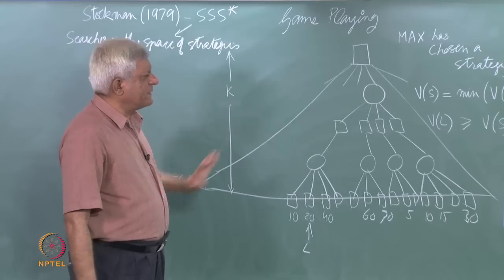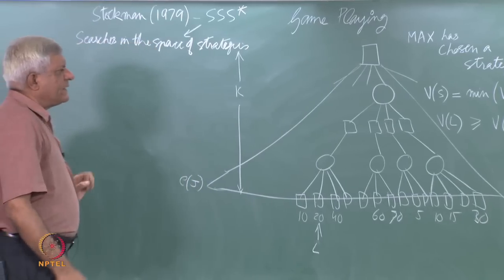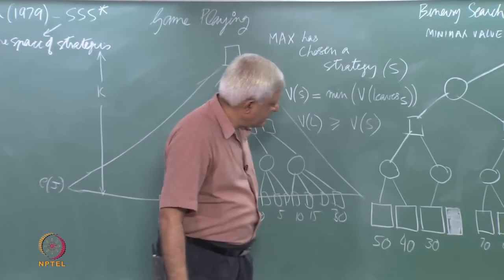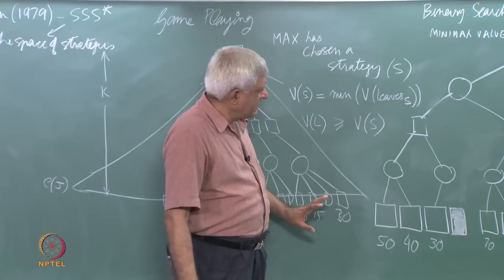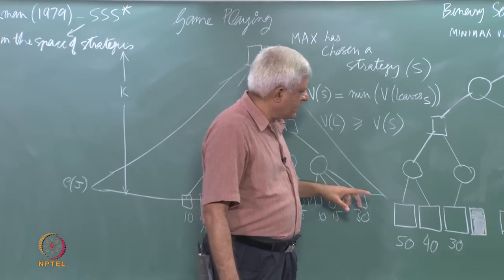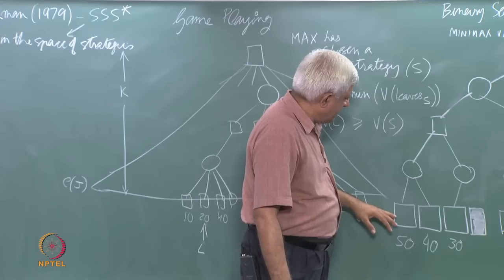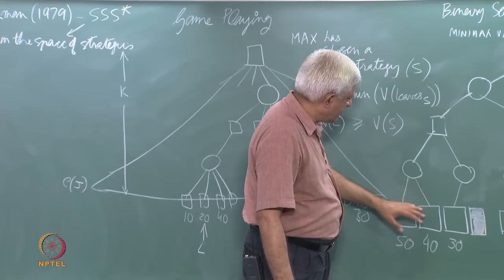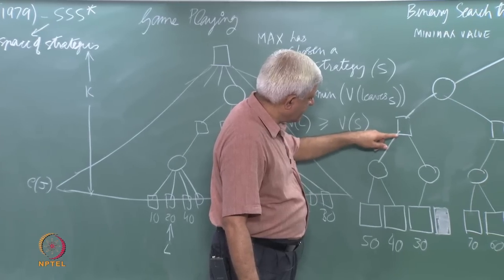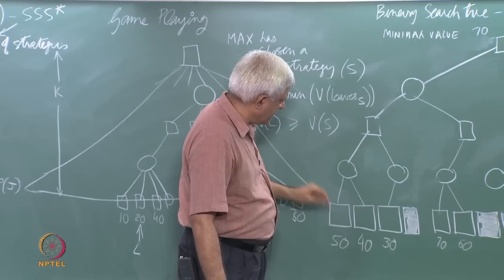Now, let us look at this binary search tree again. If I were to select this leaf 50, which has this value 50, how many strategies will this be a part of? You can see that this of course is min's choice, and here max has made a choice, and that choice has 50 as this leaf.